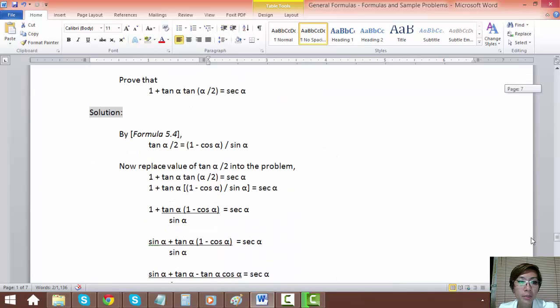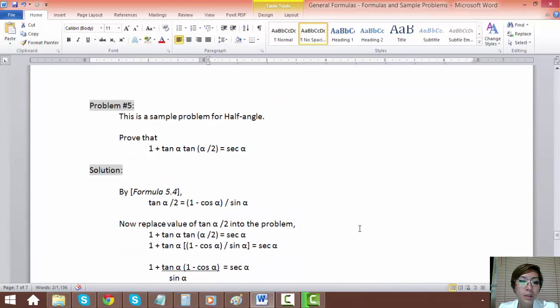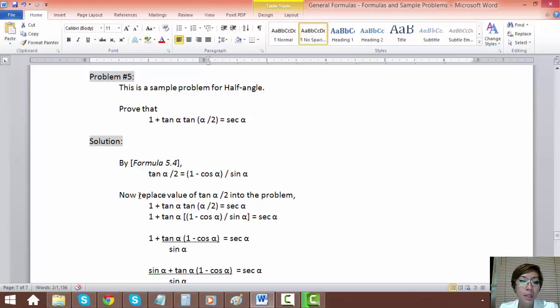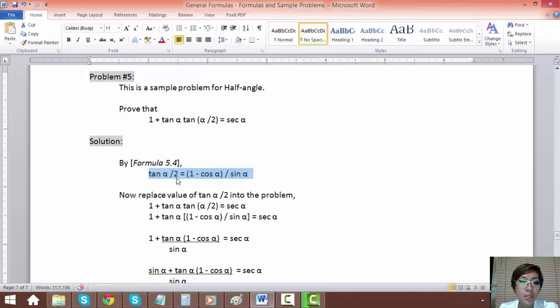Back to our problem, by defining our tangent half of the angle, we are going to replace the value of tangent half of alpha into the problem formula. So replace this value into this one.